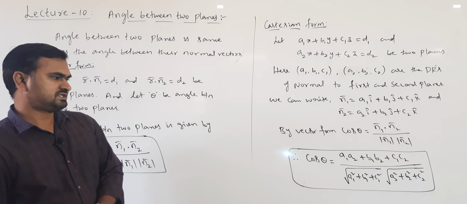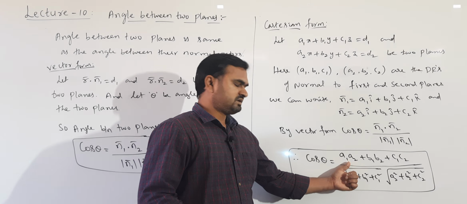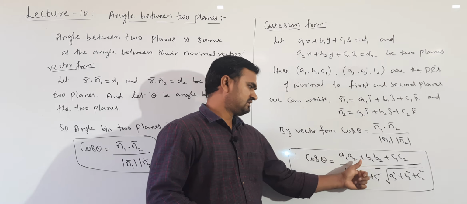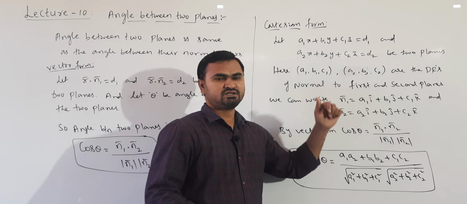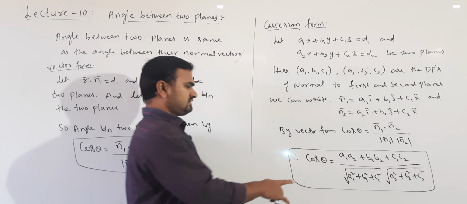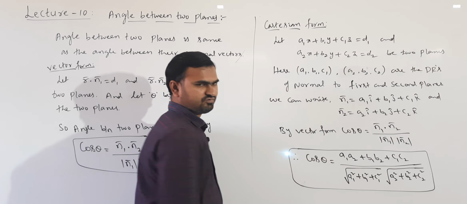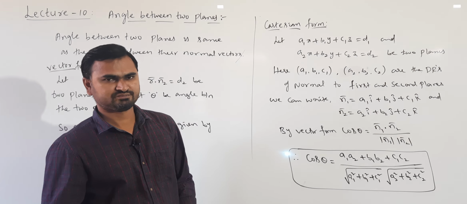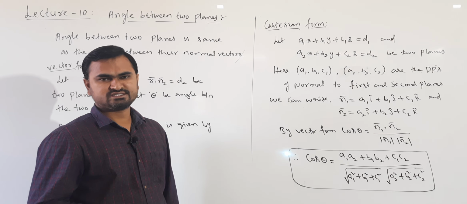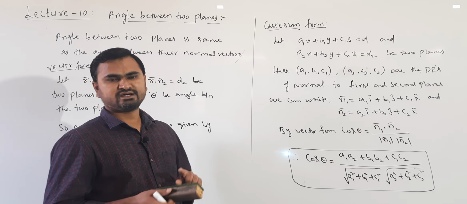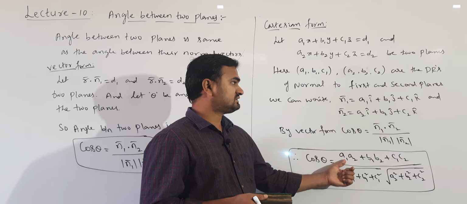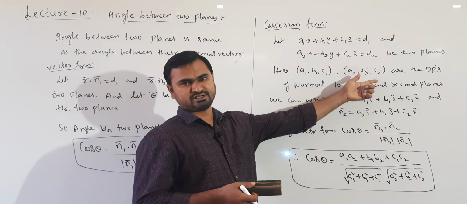Okay. So the notation we have to understand here: a1, b1, c1 are the DRs of the normal to the first plane, and a2, b2, c2 are the DRs of the normal to the second plane. If you remember, the same formula is used for the angle between two lines, where a1, b1, c1, a2, b2, c2 are the DRs of the lines themselves. But here they are DRs of the normals to the planes.